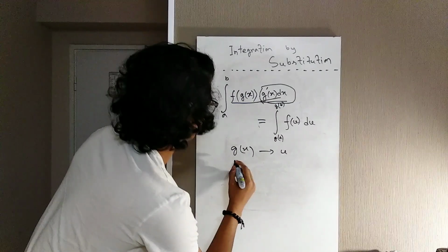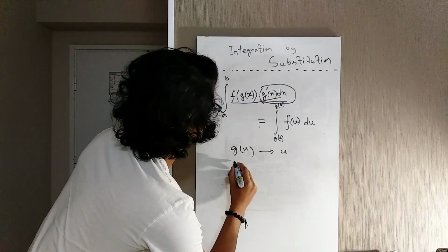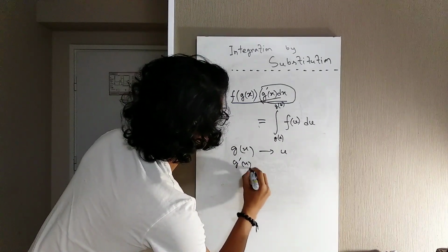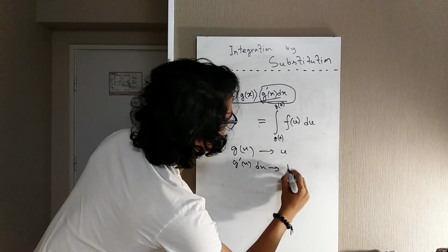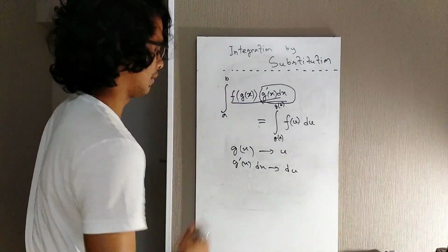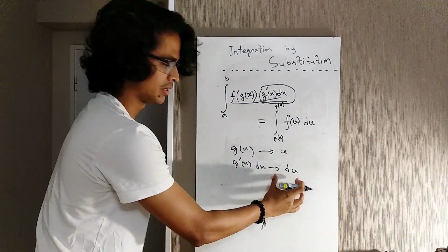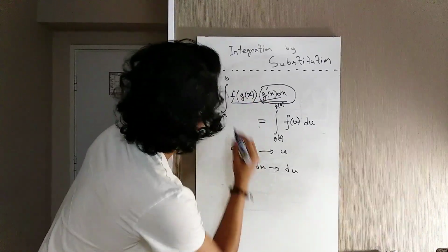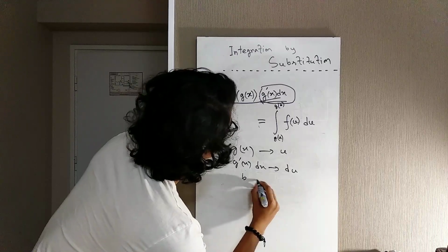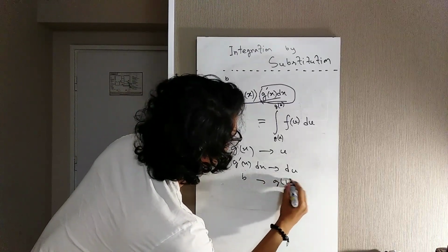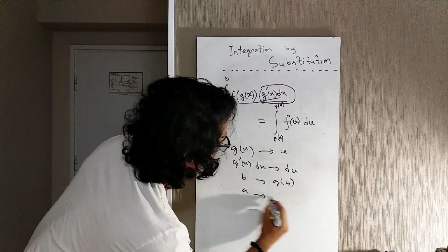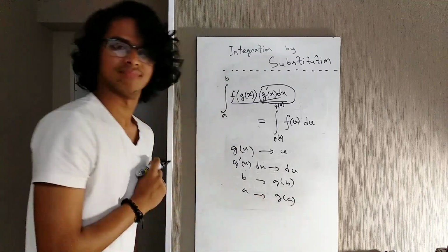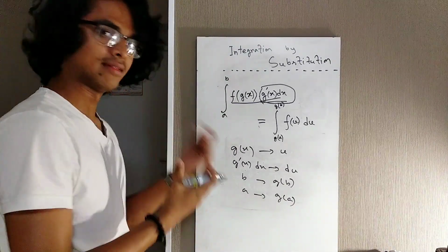We are substituting g prime x dx with du. You can see why we are substituting here; I already showed it to you. And then we are substituting b with g of b, and a with g of a. So that's basically the idea.